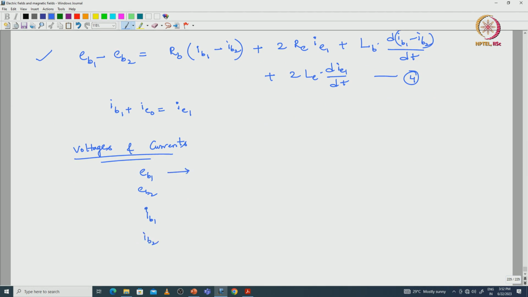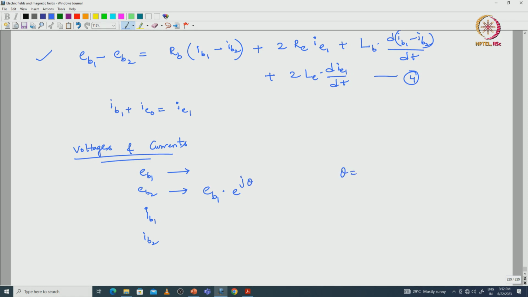EB1 is the induced EMF with respect to bar 1 and EB2 is the induced EMF with respect to bar 2. EB2 we can represent in terms of EB1, that is EB1 into some phase shift e power j theta.